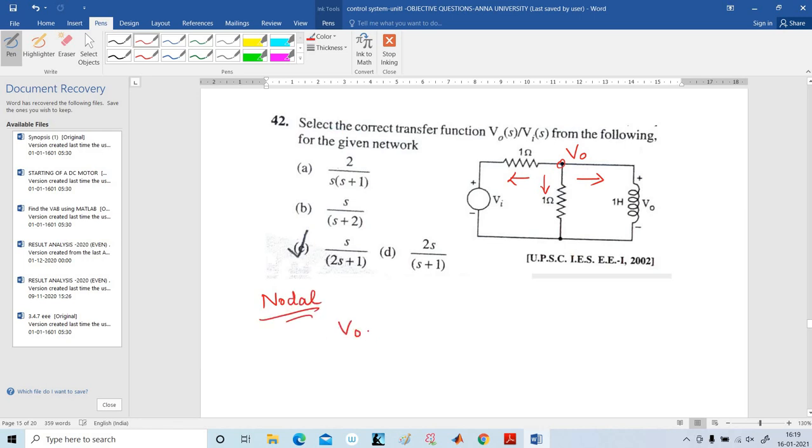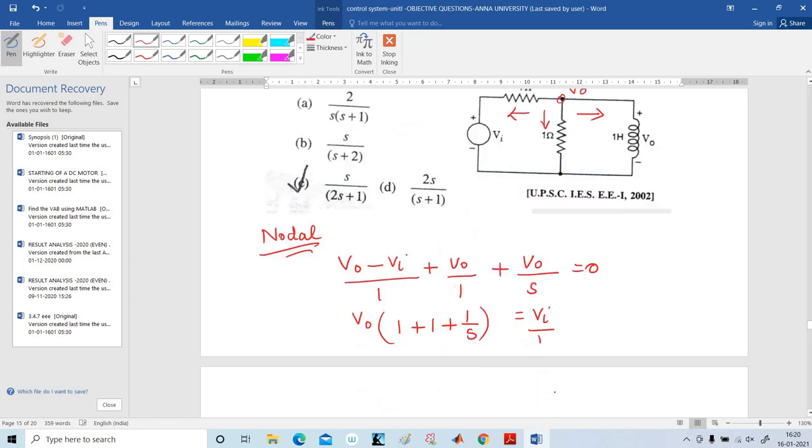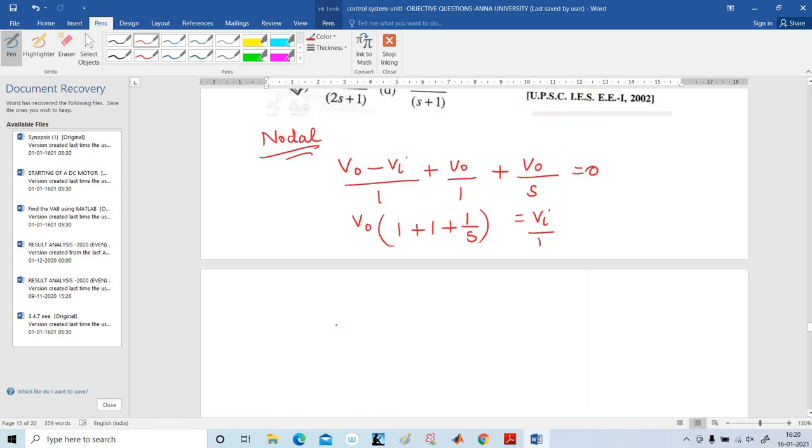So V0 minus Vi divided by 1 plus V0 by 1 plus V0 by S, that is equal to 0. Take V0 outside: V0 into 1 plus 1 plus 1 by S equals Vi by 1. So V0 of 2 plus 1 by S equals Vi.